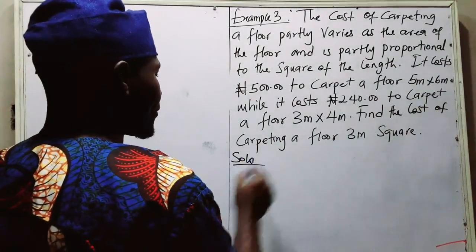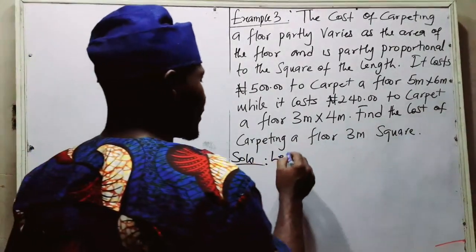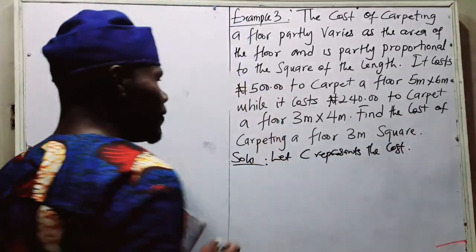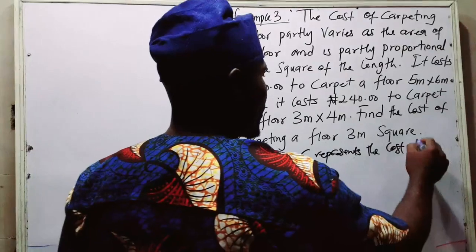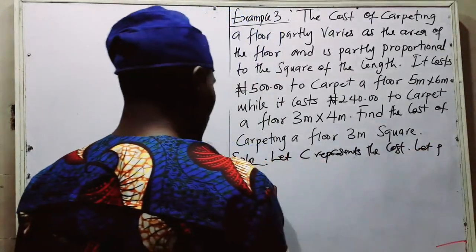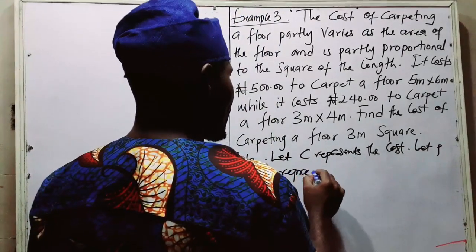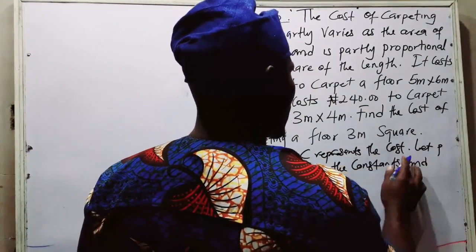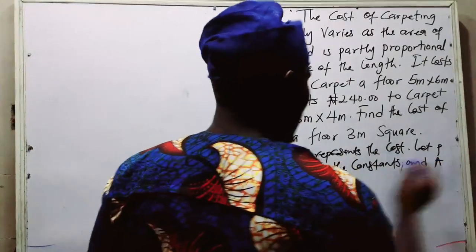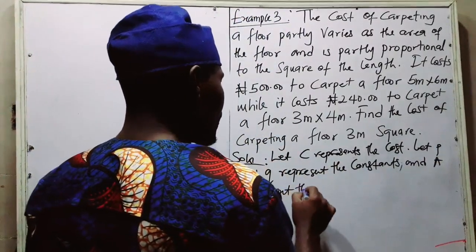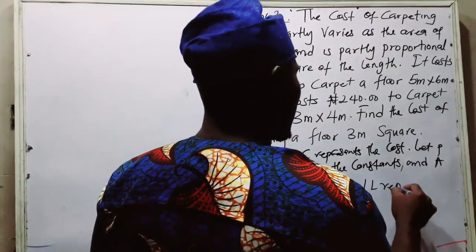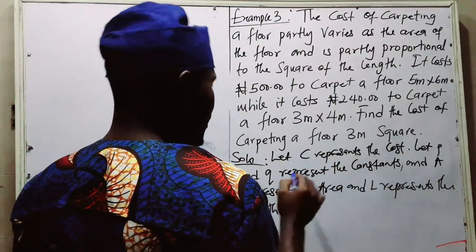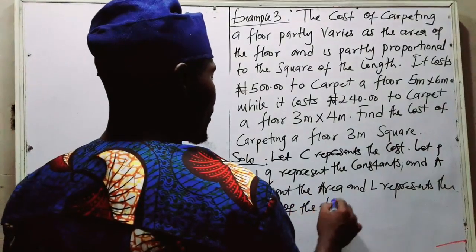Let's try to represent some terms. If C represents the cost, let P and Q represent the constants, A represents the area, and L represents the length of the floor.